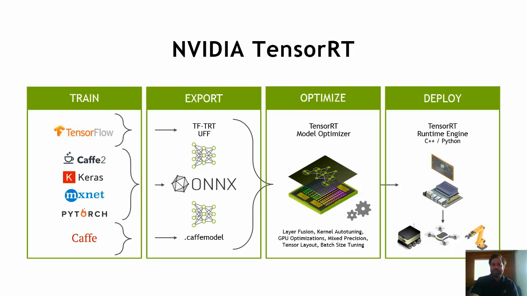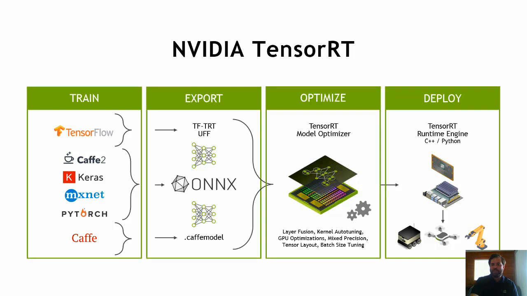And some frameworks have integrated TensorRT directly and will allow you to handle all of this for you. Like in TensorFlow, there's a module called TF-TRT, which allows you to transparently execute parts of your TensorFlow graph in TensorRT without having to leave your TensorFlow environment. This is nice if you have custom operations you've defined in TensorFlow, because TensorFlow can still run those operations and use TensorRT on the rest of the graph.